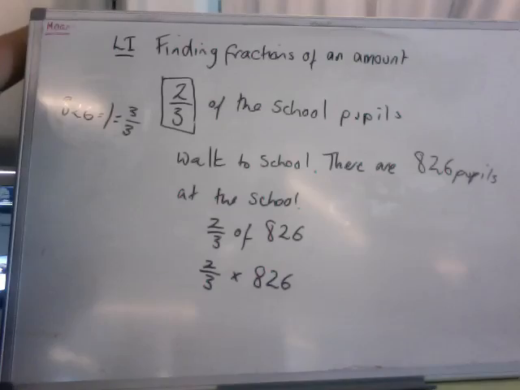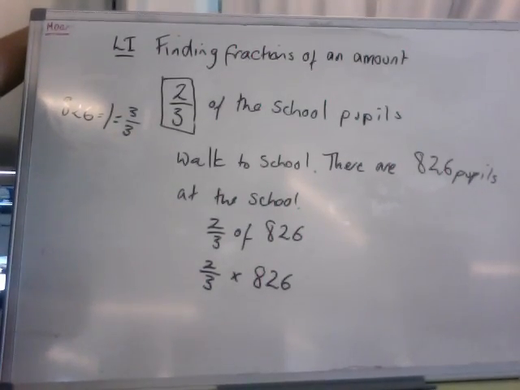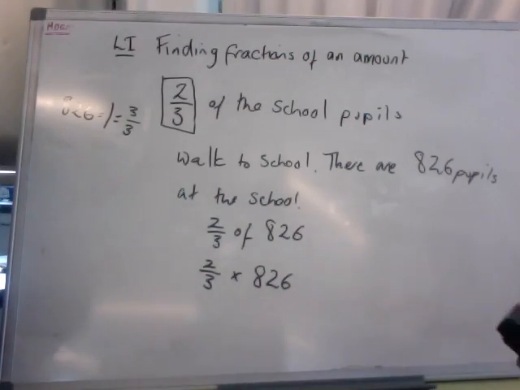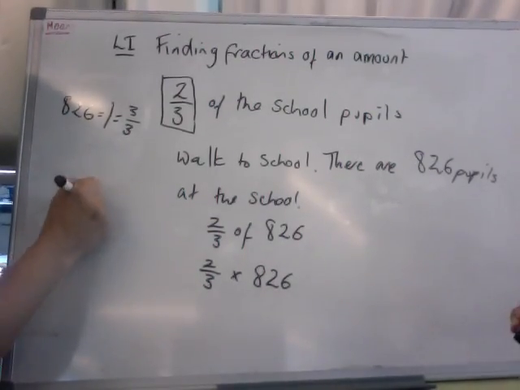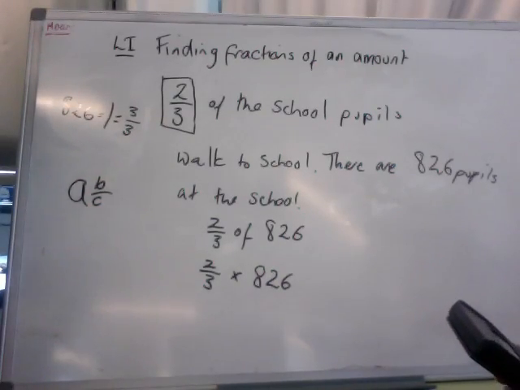Okay? Now, how do we do that on our calculator? Who can remember? It's that one, the one with the AB dash on it. If you're using a school calculator, it's got the A, B, C like that, because it's a fraction.